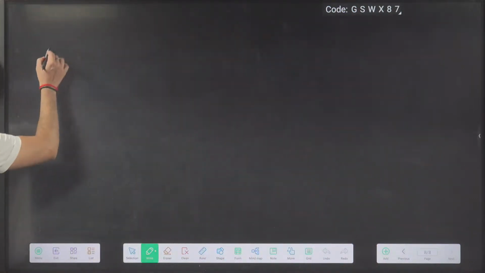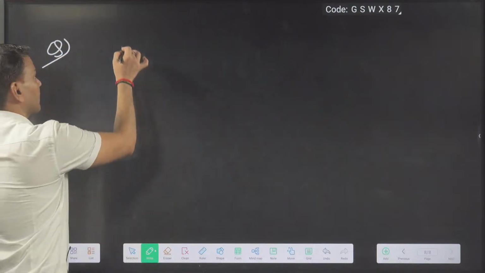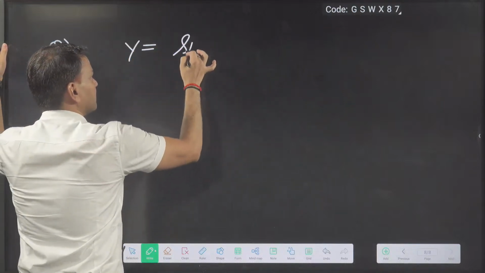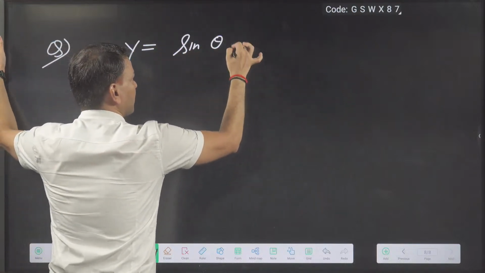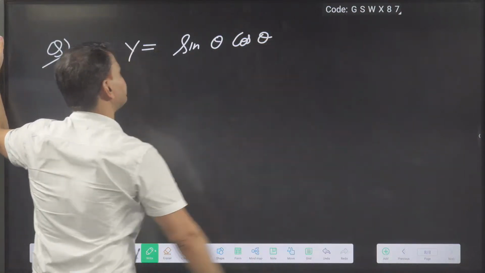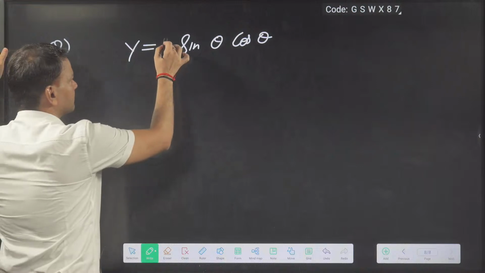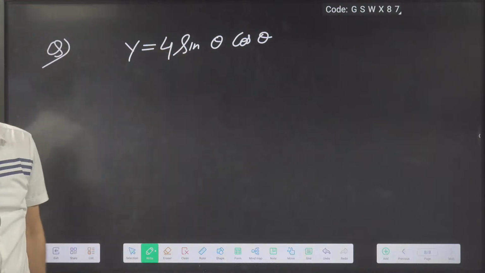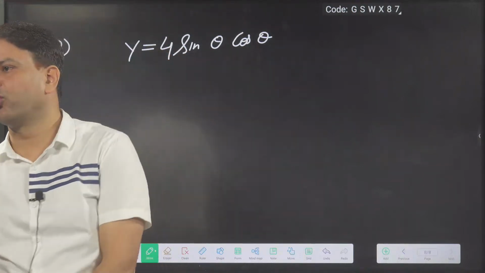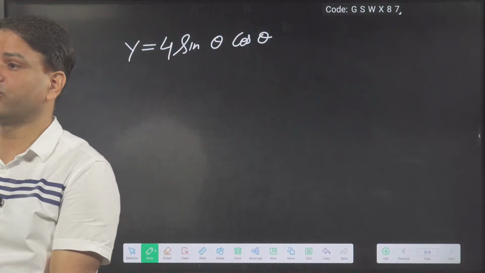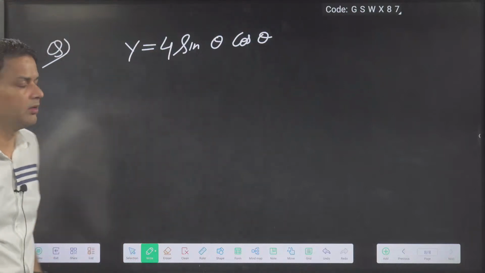Now one small question you will say. Suppose I gave y is equal to 4 sine theta cos theta, and I am asking what is the maximum value of y.